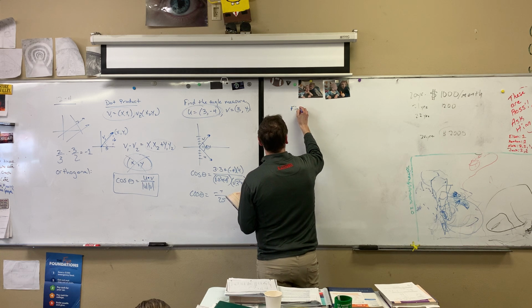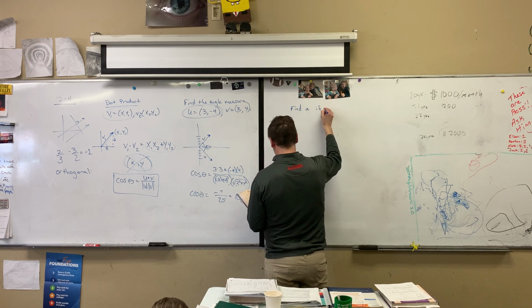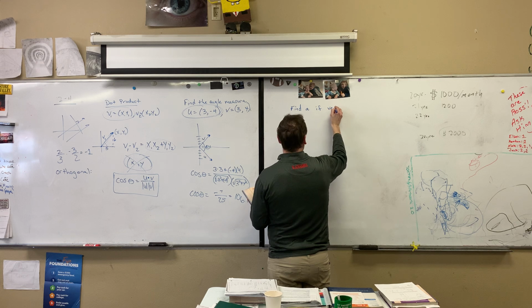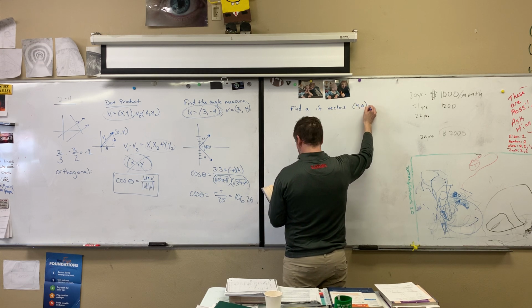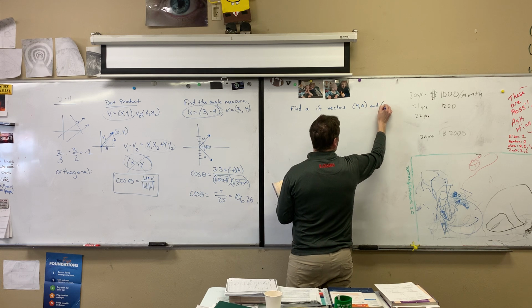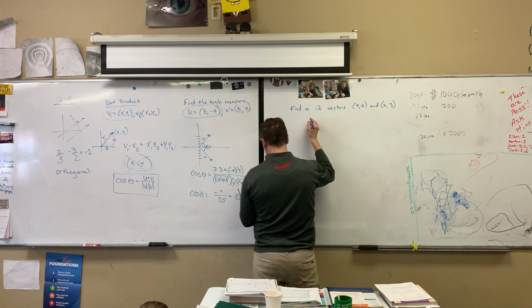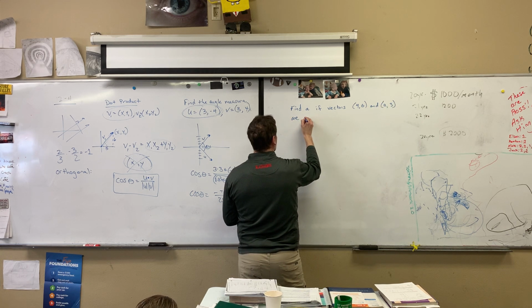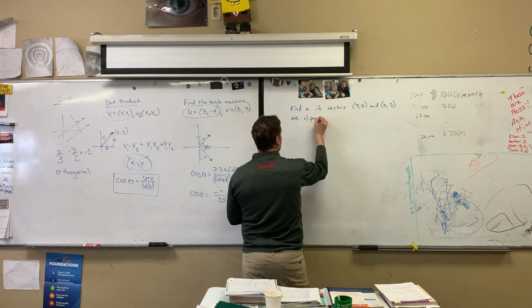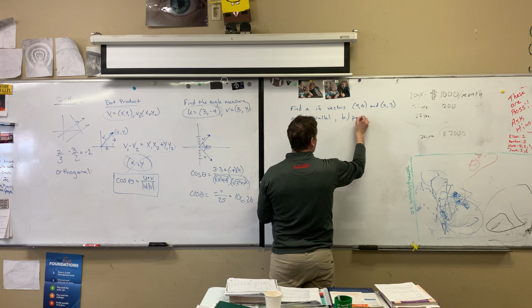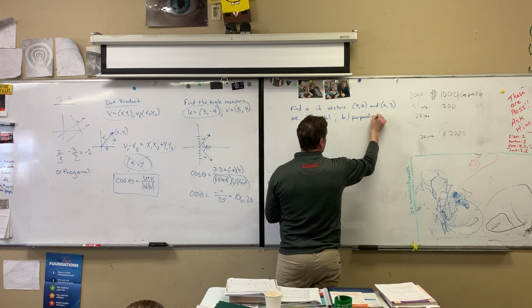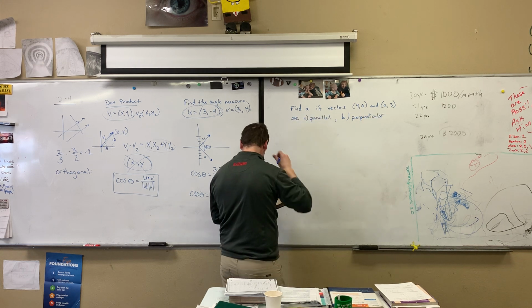Okay, so find A if vectors 4, 6, and A, 3 are parallel, and then B, perpendicular.